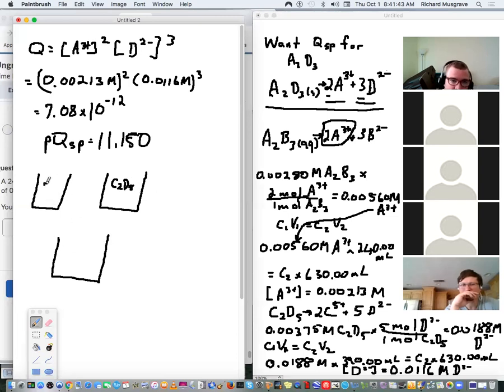And here we've got A2D3, A2B3, which does give 2 A's. But we're only interested in the precipitation now of A2D3, which is different to what we have up here. This is C2D5. So we're looking at 2 different kinds of situations.